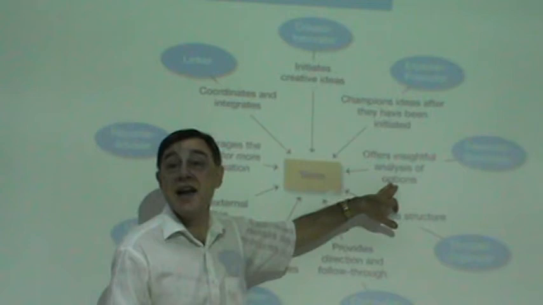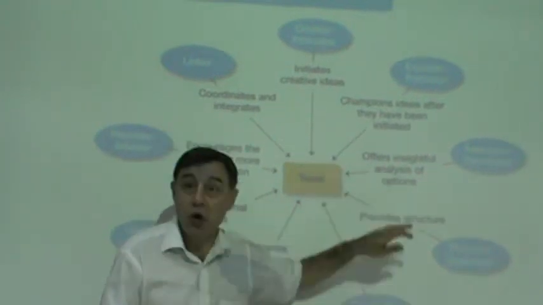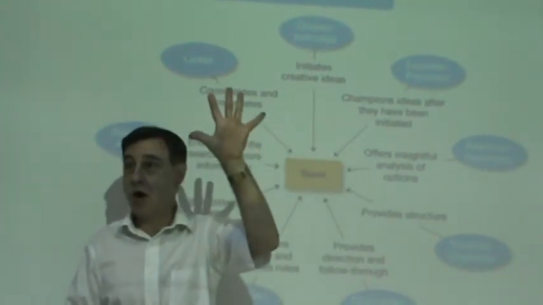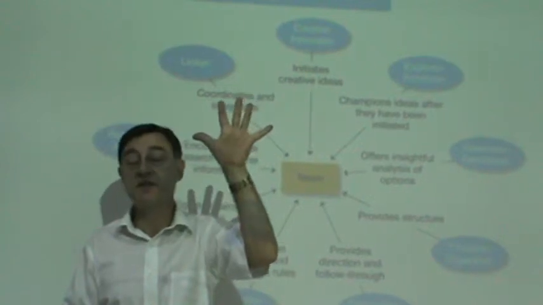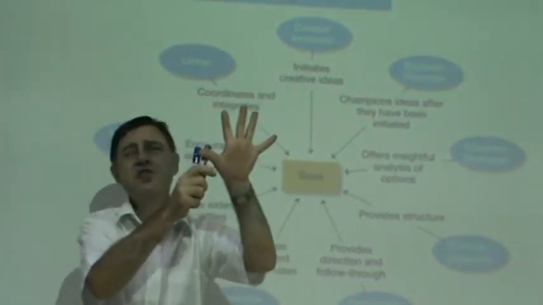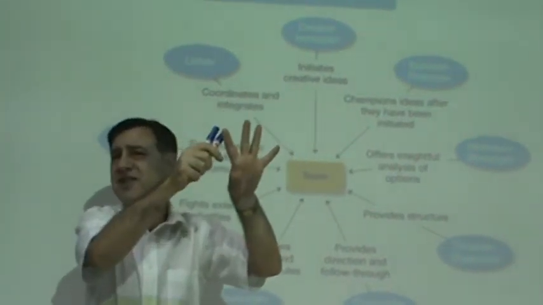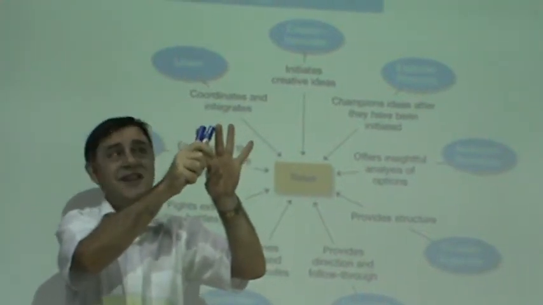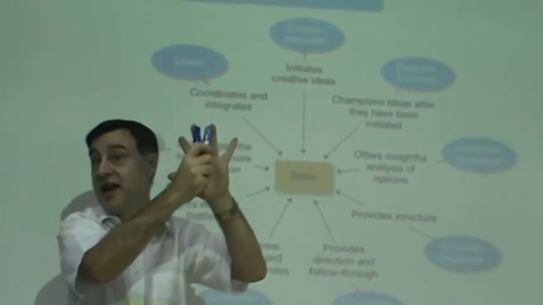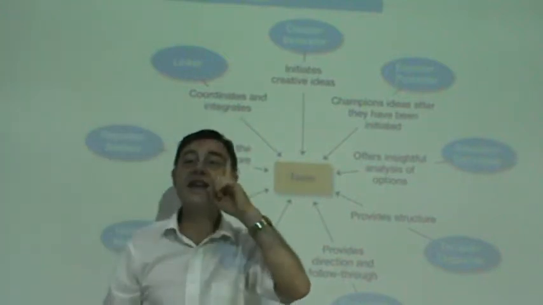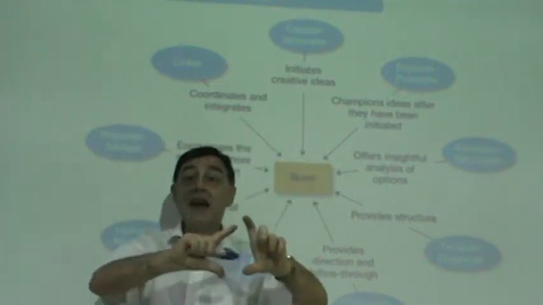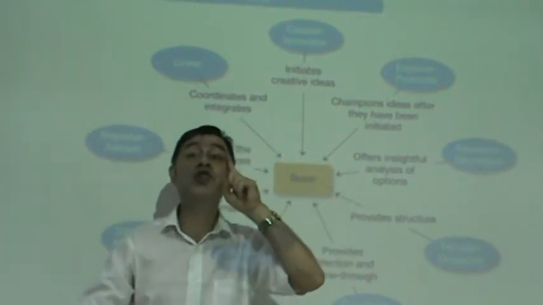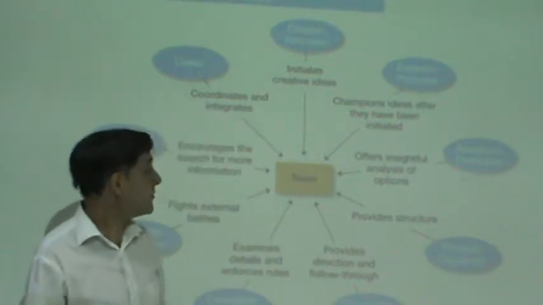And he analyzes the options. So he sees 5 options, 5 alternatives, and 5 choices. Says, this one no good because of this. This one's not good because of this. This one is really good, okay? So you need that kind of person who can make a proper analysis and judgment, okay?